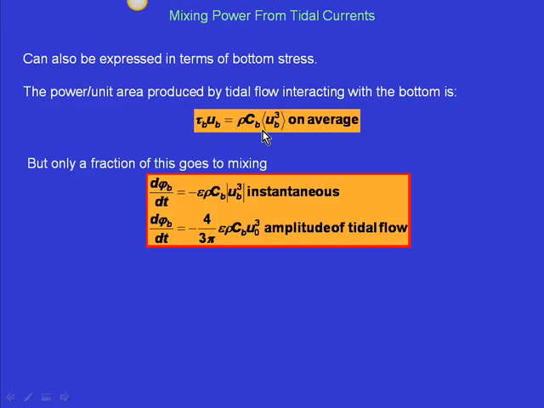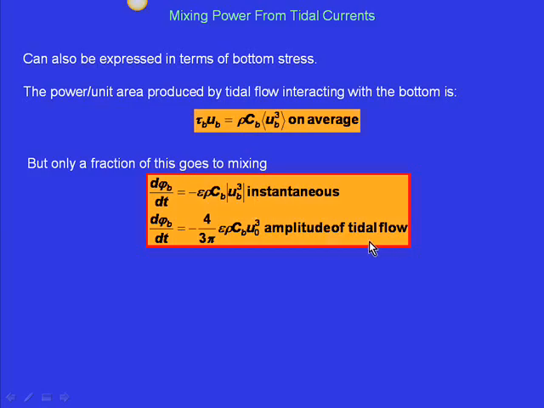But only a fraction of this goes into mixing, just like only a fraction of the wind speed at 10 meters goes into mixing the water column. That's given by this mixing efficiency. So notice that this expression is analogous to the same multiplied times the mixing efficiency. That's using the instantaneous value of the current.